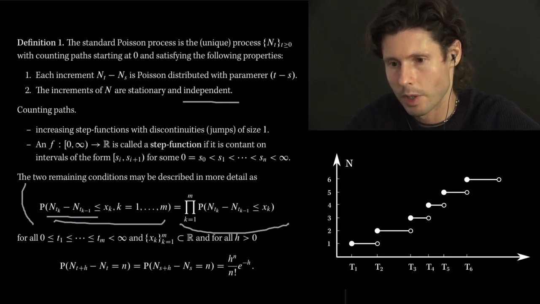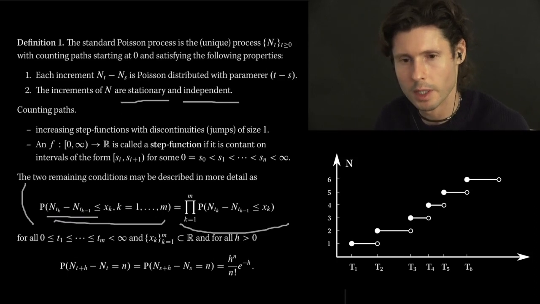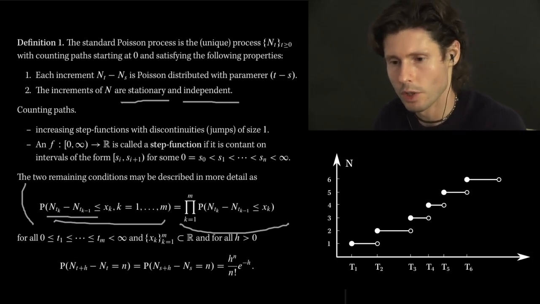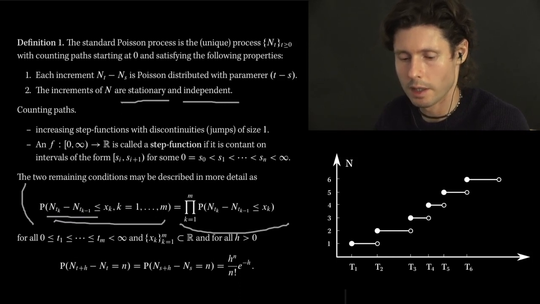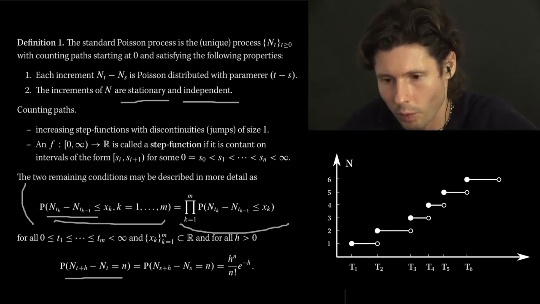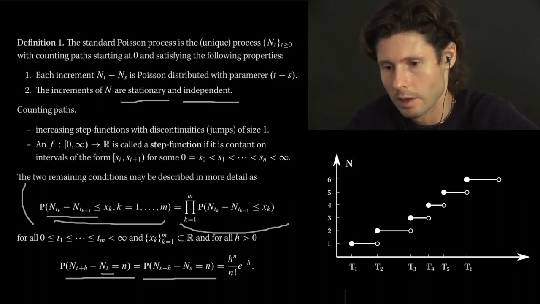The next part could be stationarity. So in other words, if you pick an increment of the same length, say you pick an increment that has a time length h, so the duration of time allowed is some fixed length h, regardless of where you start the increment. Here the increment is started at t, and here the increment is started at s, so those are presumably two different numbers.